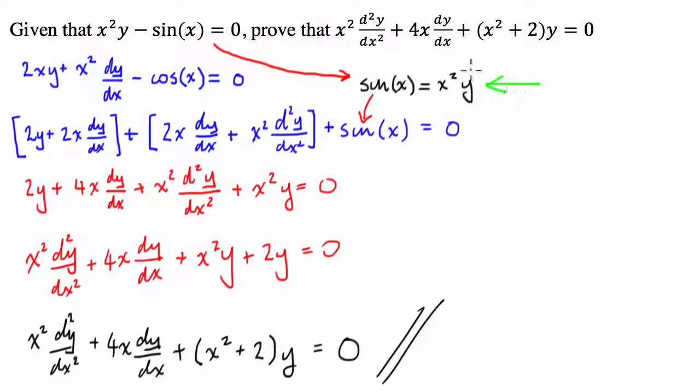The bit that's going to require the most practice to develop this intuition is recognizing that, hang on, I've got sine of x in my original problem, and I can just massage this formula a little bit to get an expression for sine of x in terms of some other variables, which I can then substitute into my equation.